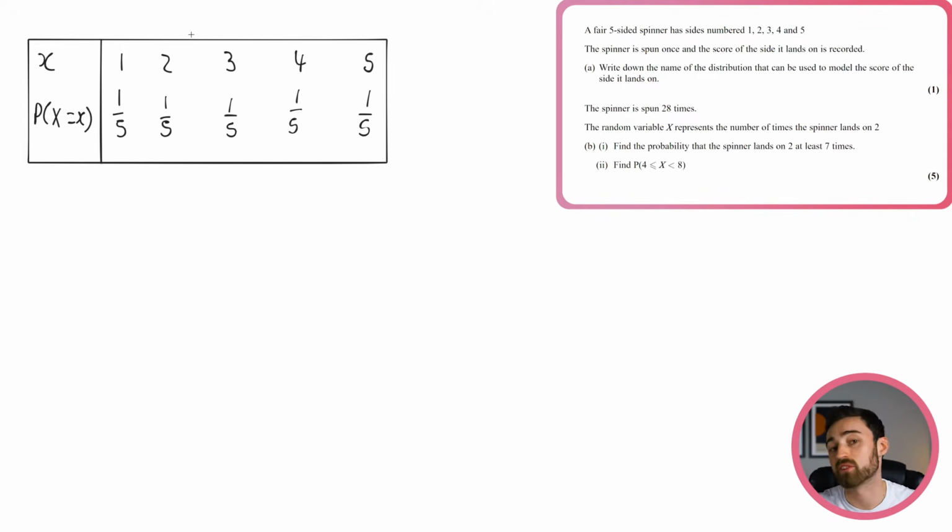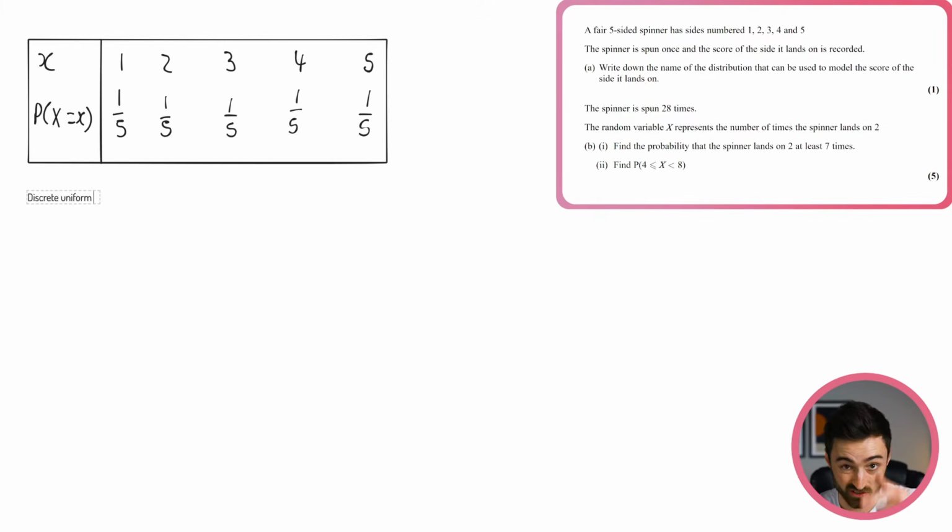Someone's height, for example, would be continuous because you can be 173 centimeters tall, but you can also be 173.1, 173.11111. So this is discrete. And then what is it called when all of the probabilities are the same? Well, this is called a uniform distribution. Uniform means like the same. So it's a discrete uniform distribution.